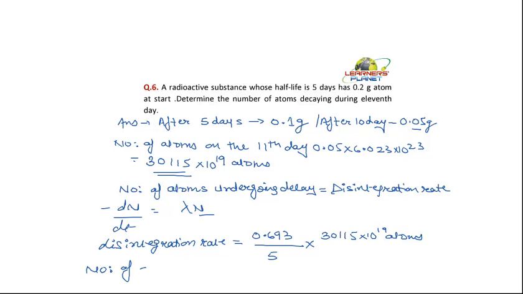So the number of atoms undergoing disintegration will be equal to, just solve this, how much you'll get on the 11th day, that is 0.693 divided by 5 multiplied by 30115 multiplied by 10 to the power 19, and that is 4.17 into 10 to the power 22.